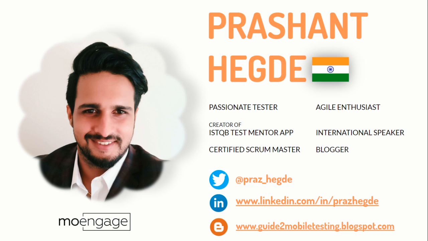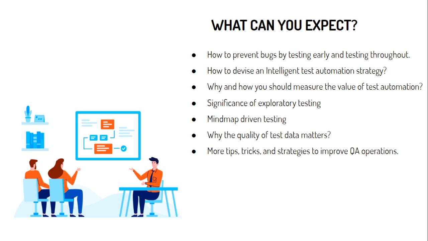So speaking about today's agenda, here is what you can expect out of the session. By the end of the session, you will learn how to prevent bugs by testing early and testing throughout.